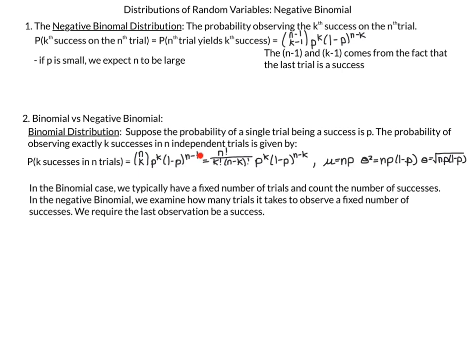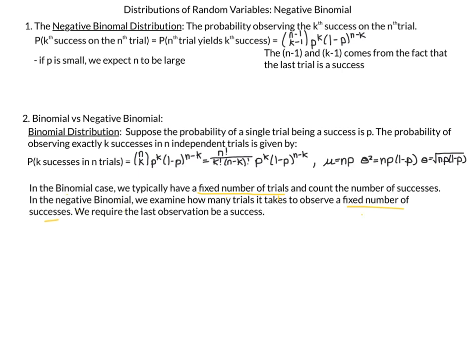So in the binomial case, that's this one right here, we typically have a fixed number of trials, and we're counting the number of successes. In the negative binomial, we examine how many trials it takes to observe a fixed number of successes. So again, binomial, we fix the number of trials.